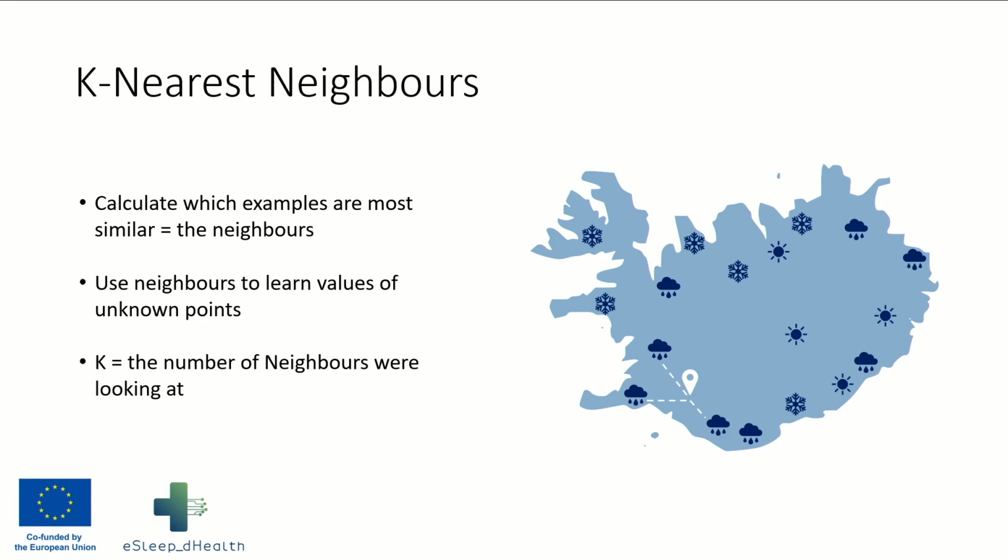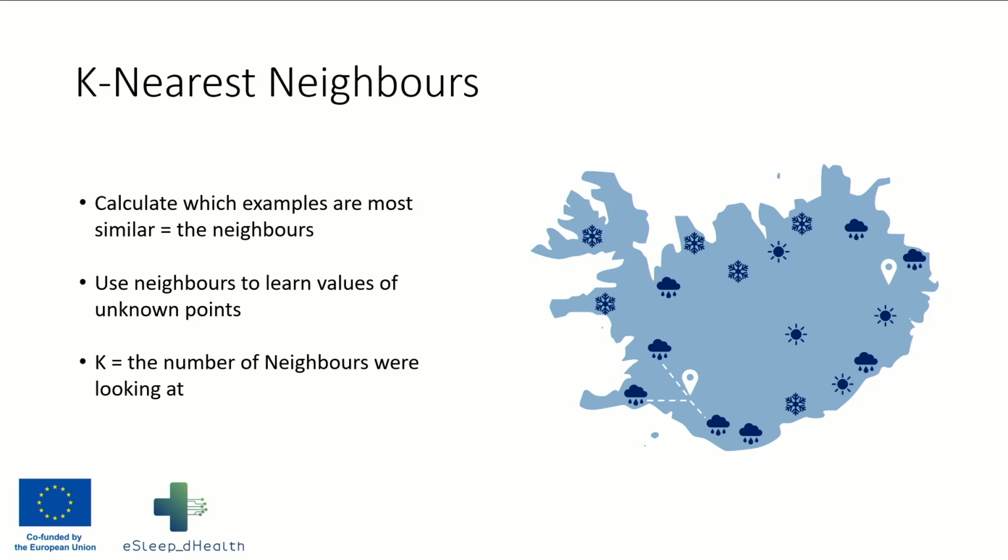And then we would calculate, for example, the medium temperature of those 3. Or, in this case, we would think that since it rains in all 3 cities around this area, it will probably also rain in Selfoss. And then we would assign the label rain to this position.